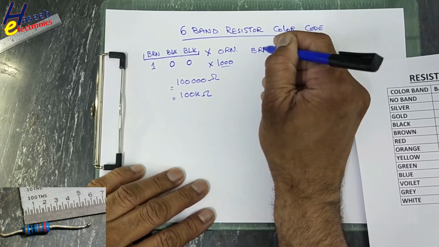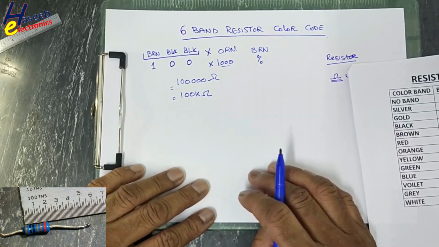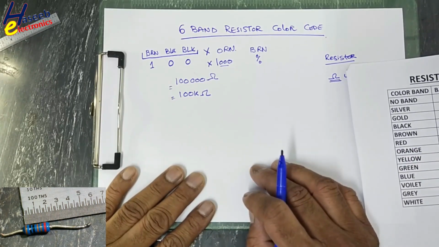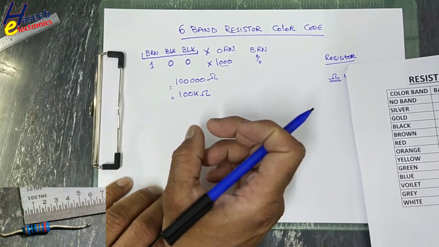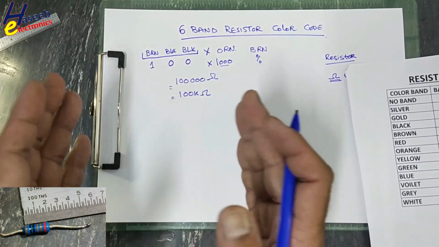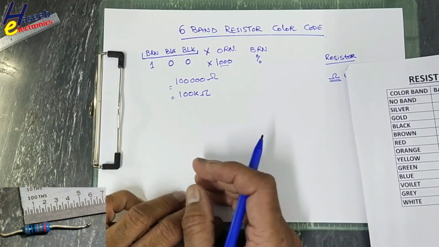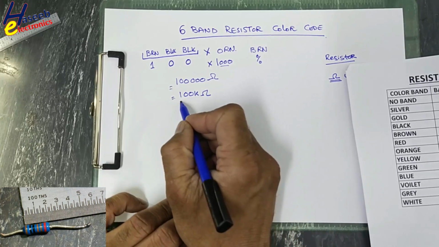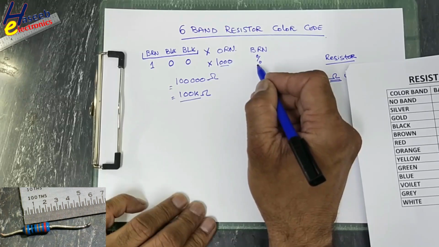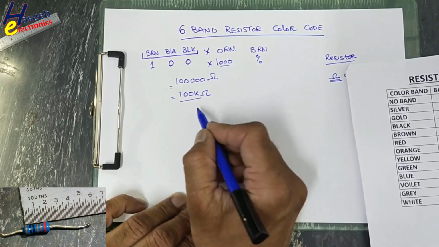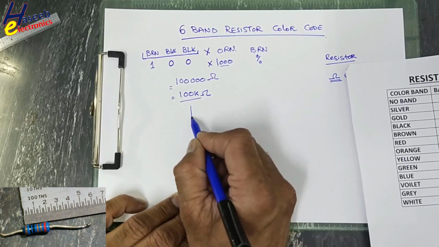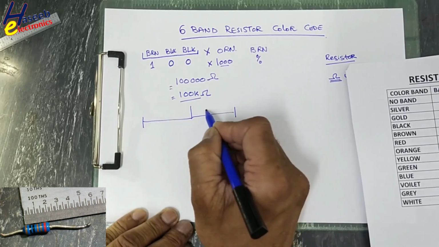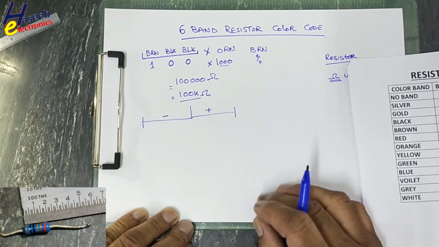It is the tolerance. What is tolerance? Why is tolerance mentioned on a resistor? During the manufacturing process, these resistive materials are mixed with different ratios, and it is very difficult to get a 100% exact value, that is 100K. So this value mentions that this resistor may deviate from this center value on the positive side or the negative side.